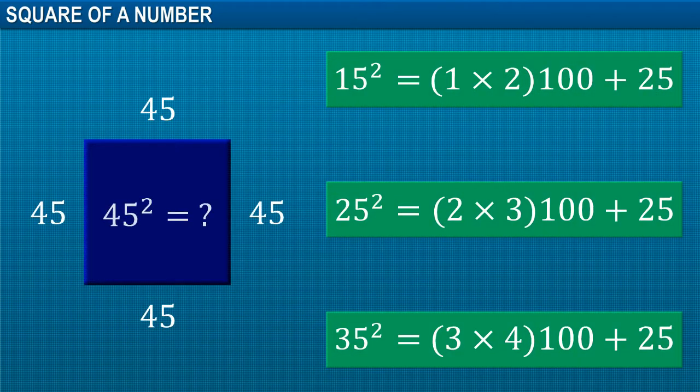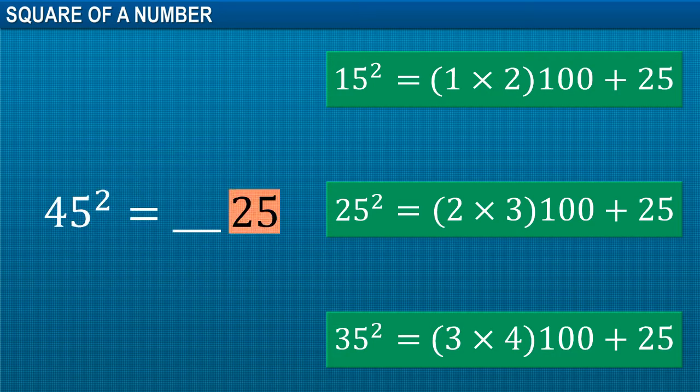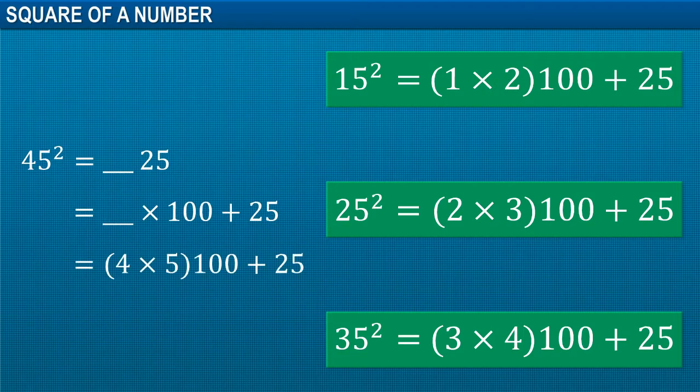Based on this pattern, can you predict the square of 45? The last two digits of the square of a number ending in 5 are always 25. Consider the digit before 5 and then multiply this number with its next whole number. Here, this number is 4. So, we are multiplying it with the next whole number, that is 5.